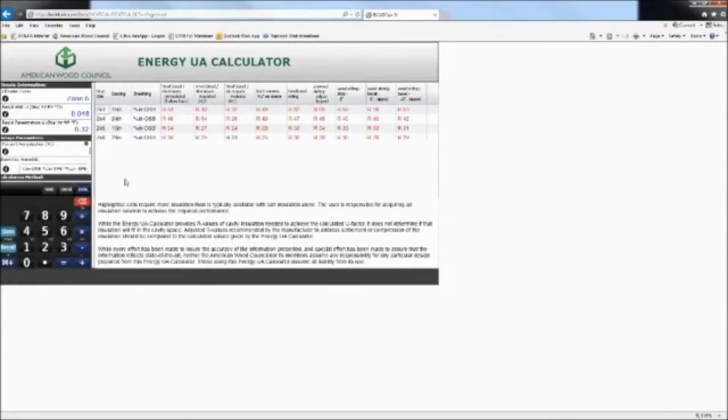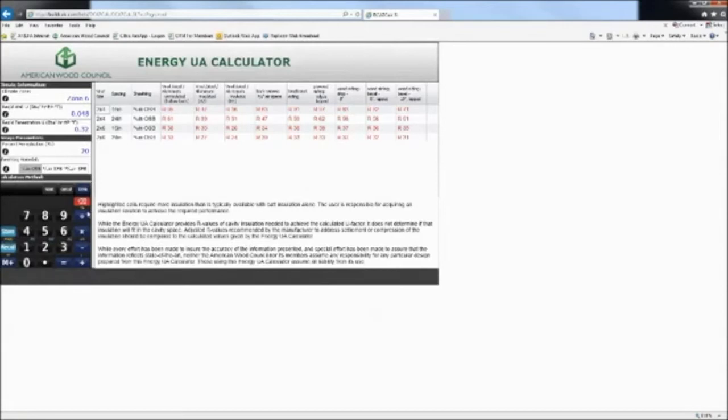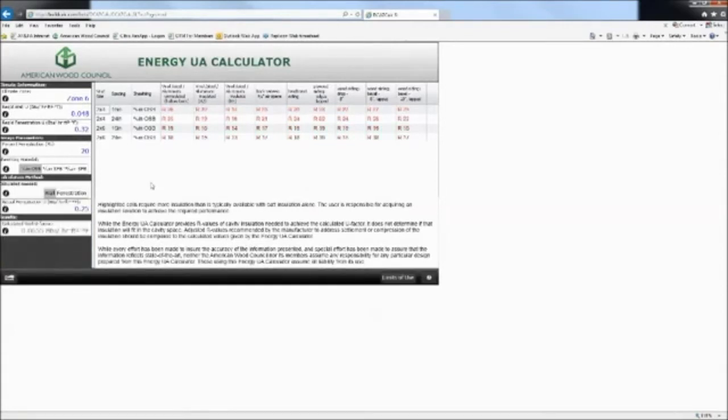And then let's do a higher fenestration percentage. Let's go up to 20 this time, and let's do OSB, and let's calculate the needed wall. So this required wall is 0.048, 0.32, and let's do, I think I've got a 0.25 window at my house.